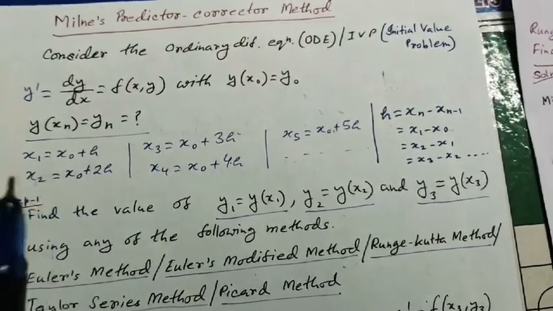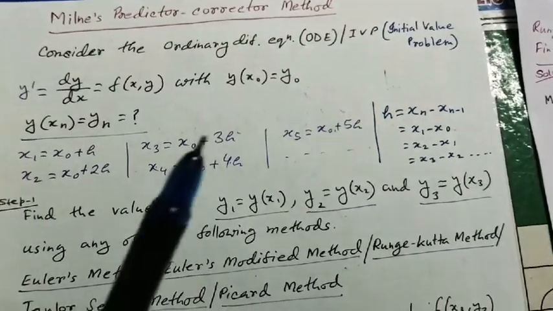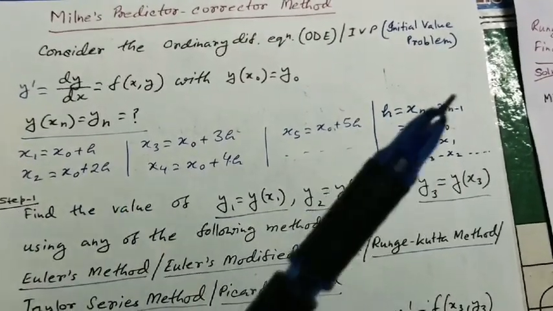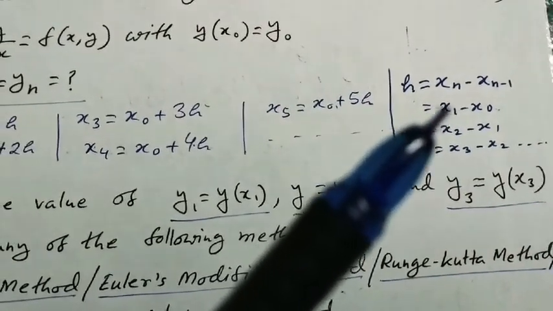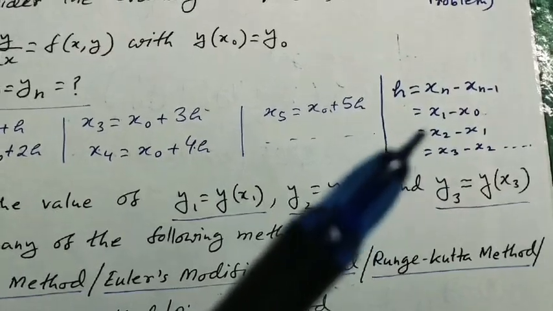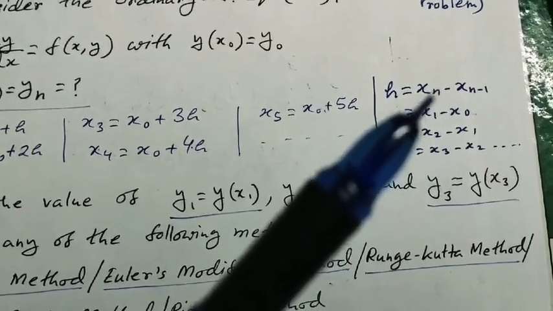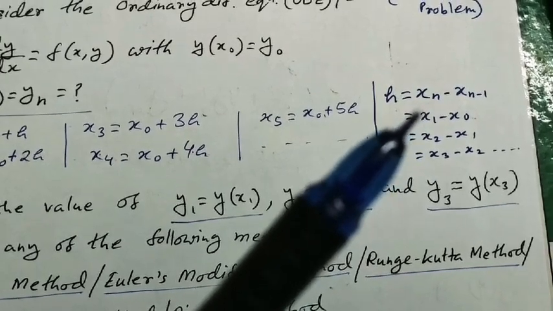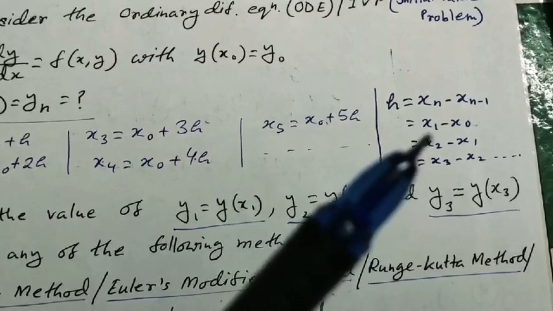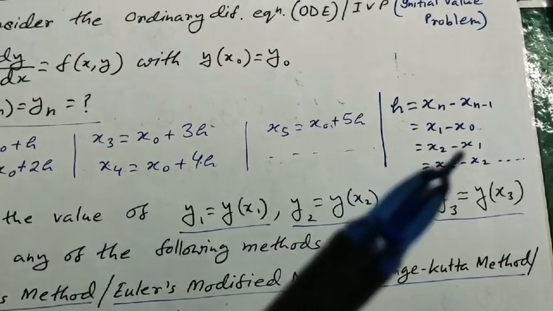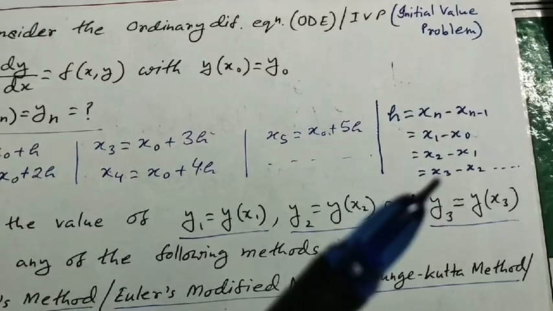What is h? h is the step size, the difference between two consecutive values of x. Here h equals xn minus xn-1. If we put 1 as n, it becomes x1 minus x0. Similarly, if we put 2, it becomes x2 minus x1, and then x3 minus x2.